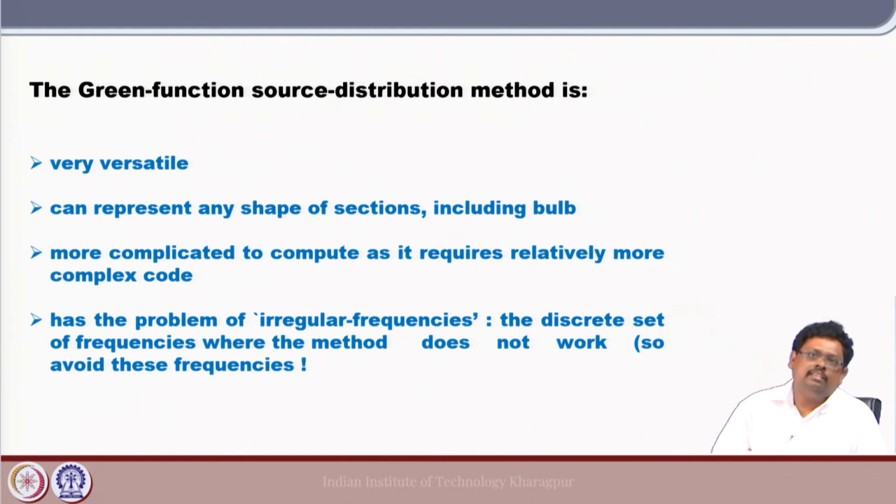Now, here what is the advantage? This is a very versatile approach, the Frank-Close-Speed. It does not depend on the shape of the sections, or even you can take the bulbous bow also. The disadvantage is definitely that it is more complicated.